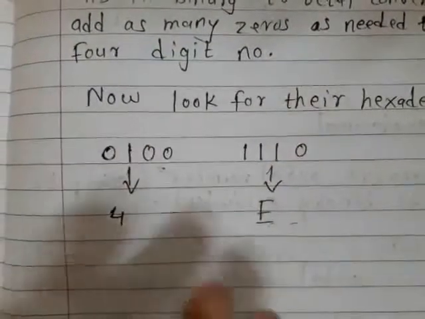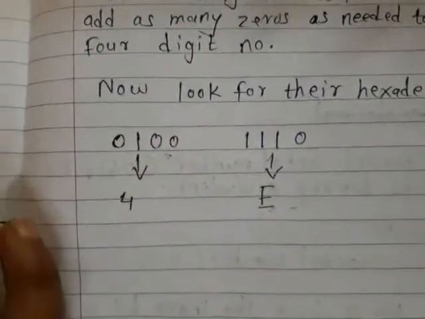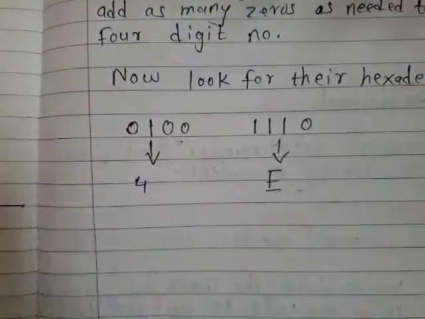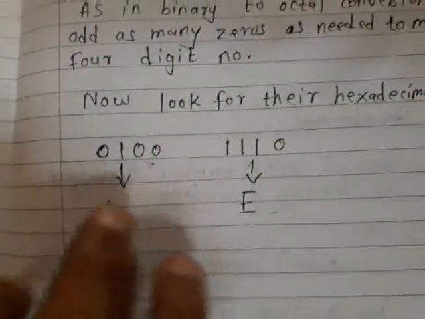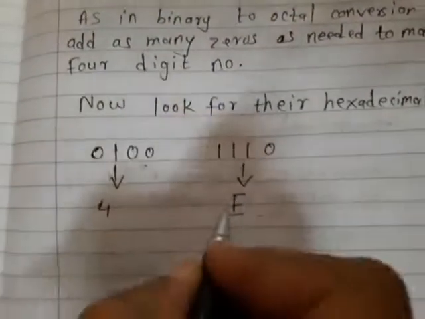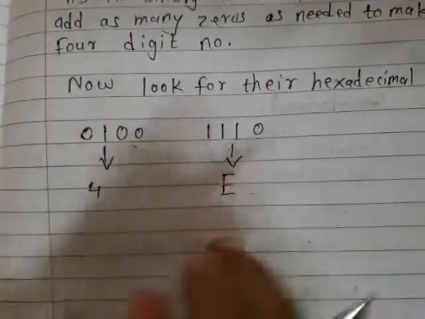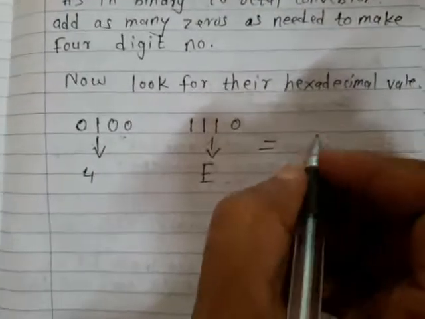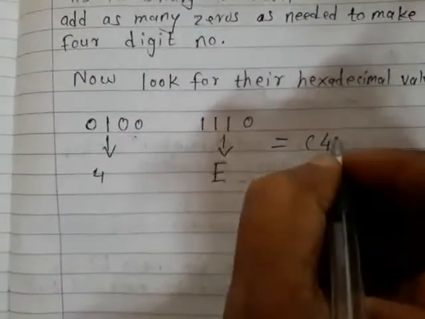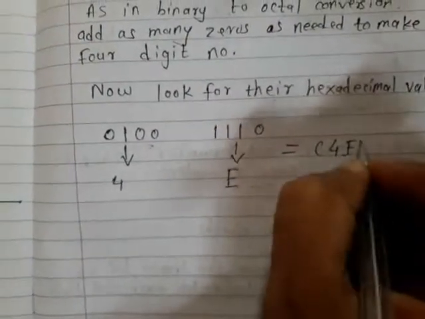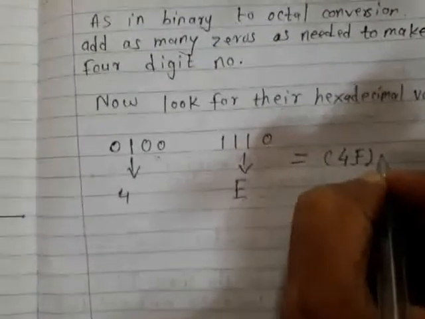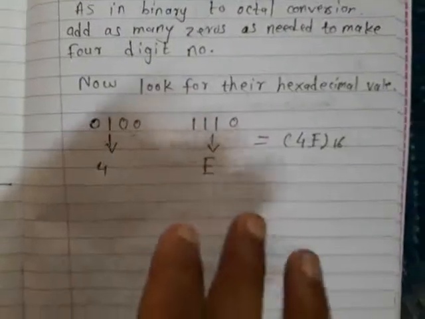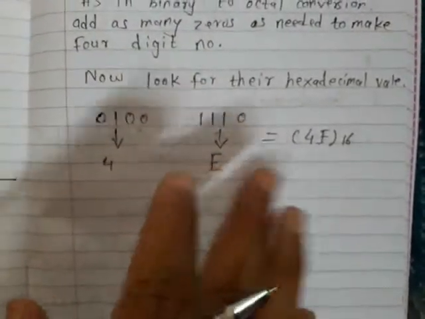Okay. Understand? You have to search in hexadecimal number system where this number is put. You have to write here that number where the values are given. Now see here is equal to, I have written here 4E. Okay, 4E base 16. Okay, in hexadecimal we have taken base 16.